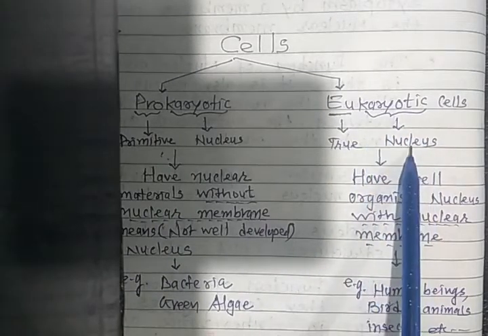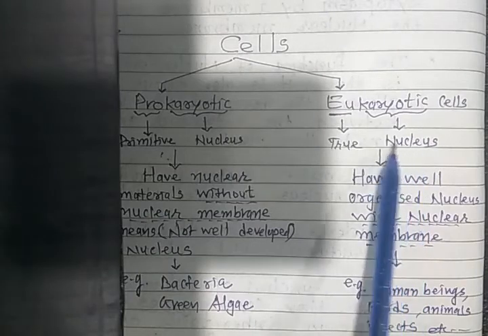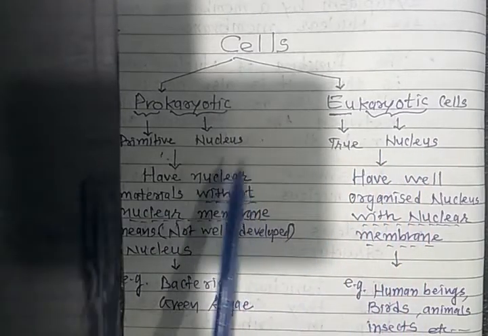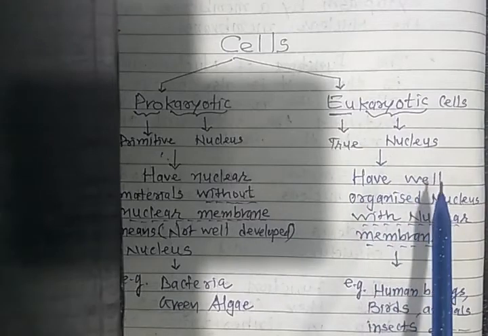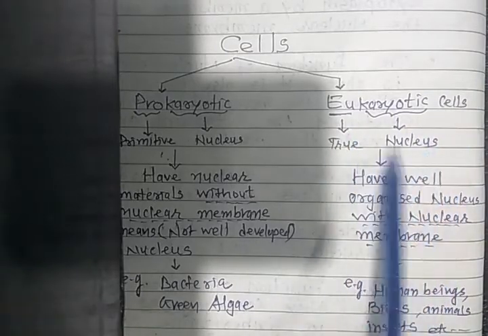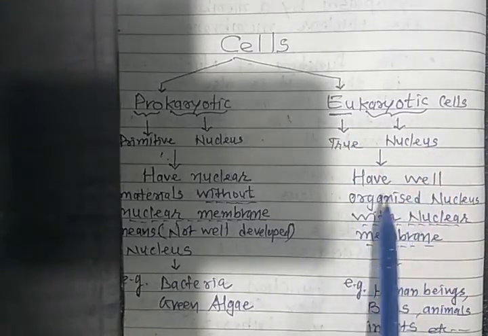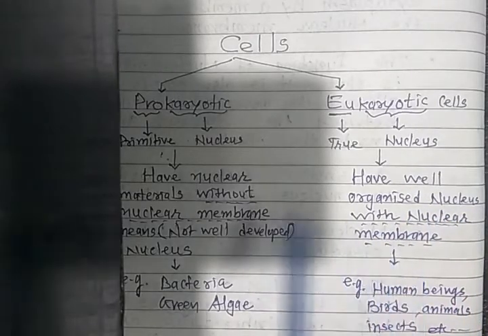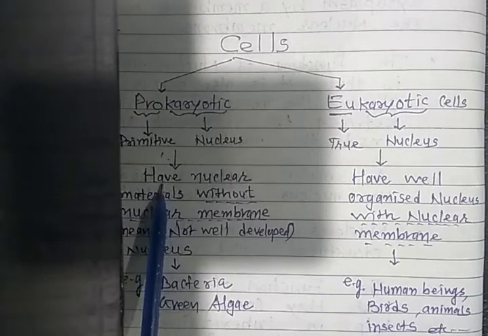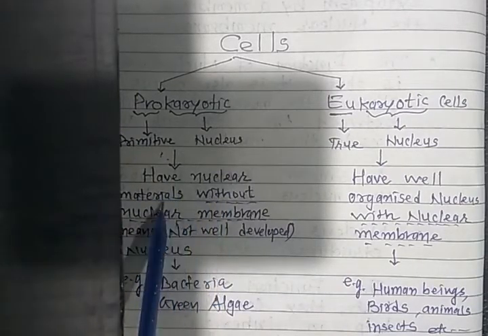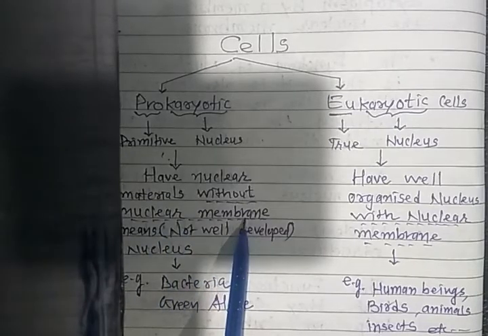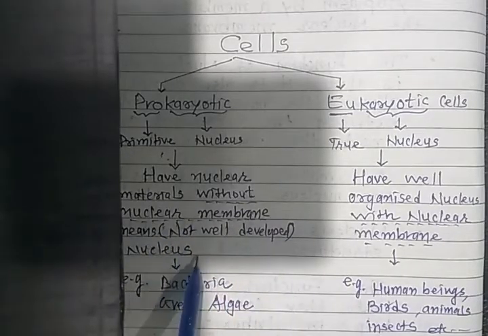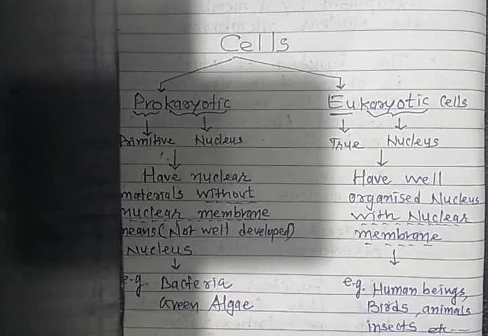So eukaryotic cells have a well organized nucleus with a nuclear membrane, while prokaryotic cells have nuclear material without a nuclear membrane, meaning they do not have a well developed nucleus, right?